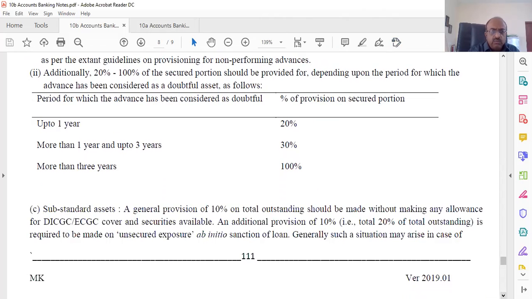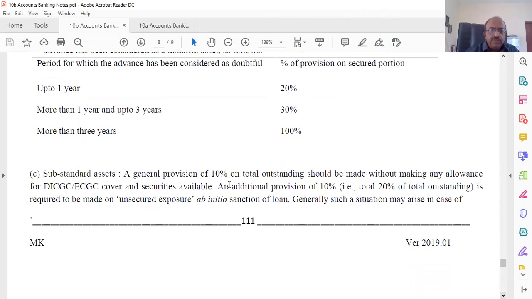Substandard asset, what is done is a general provision of 10% of the outstanding amount shall be made without making any allowance for DICGC cover. DICGC covers only when it comes to doubtful. An additional provision of 10%, total 20% of the outstanding. So here, this is, I think, make it 15.